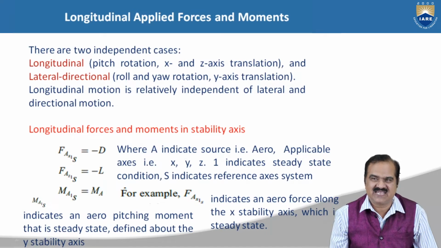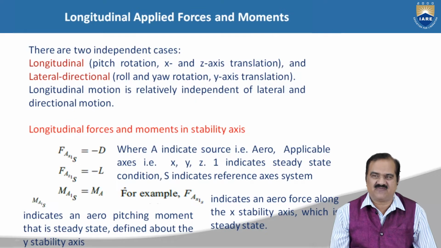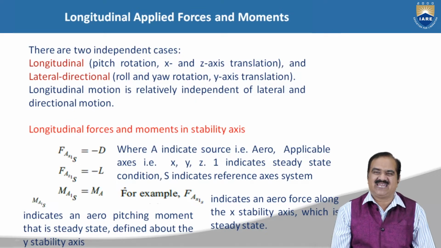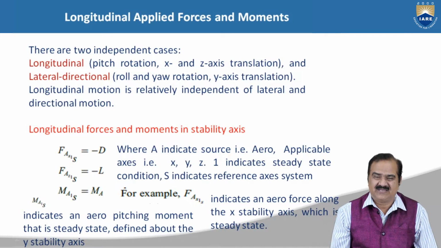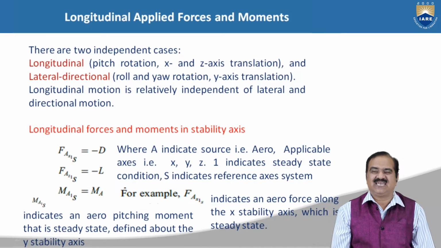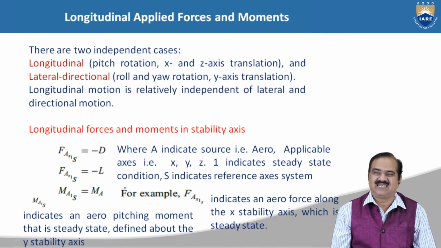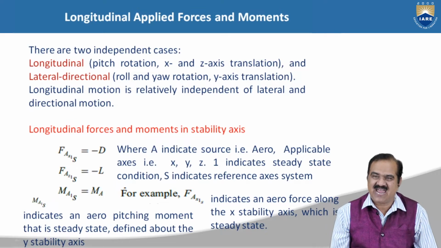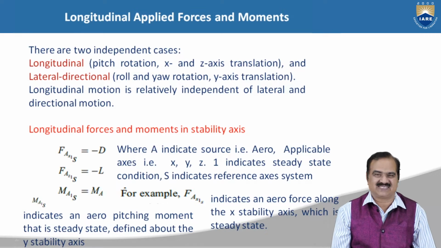A indicates that it is an aerodynamic force along the x direction. X1, x means along the x direction, that is the stability axis, and 1 means steady state. So this is a force generated by aerodynamic force, in the direction of x, in steady state, and S stands for stability axis. So we are considering the stability axis for the forces.